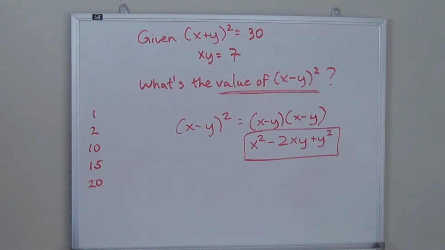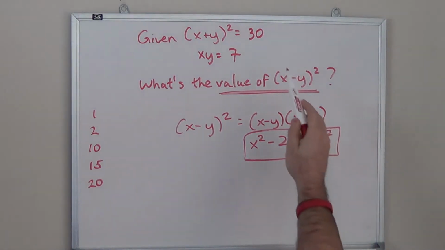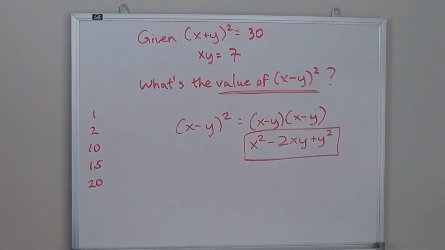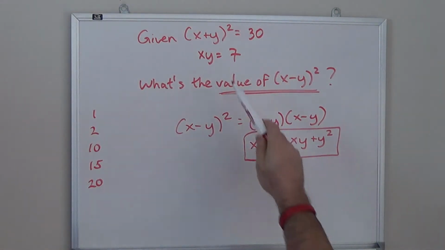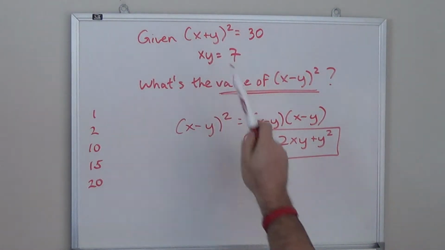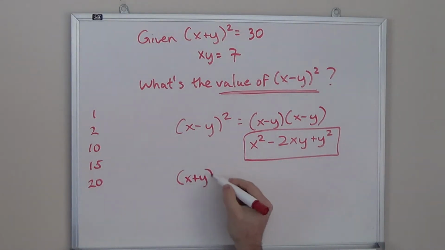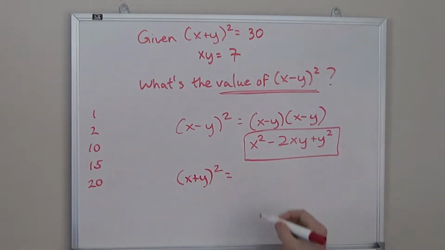x times y is 7, so I could probably use that in there perhaps. But the first thing I want to do, now that I've simplified this, is clean this up as well. Again, the last thing I want to do when there's addition or subtraction in those parentheses is just distribute the 2. So I'm going to clean up (x plus y) squared and see what that gives us.